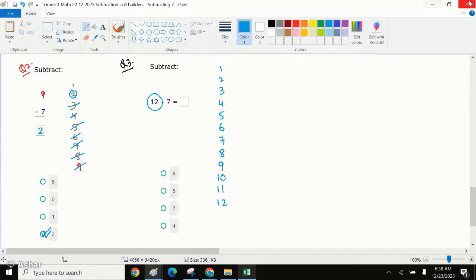So what should be the answer? 12 minus 7. The answer should be, let's remove this, 1, 2, 3, 4, 5, 6, and 7. Yes, the answer is 5.